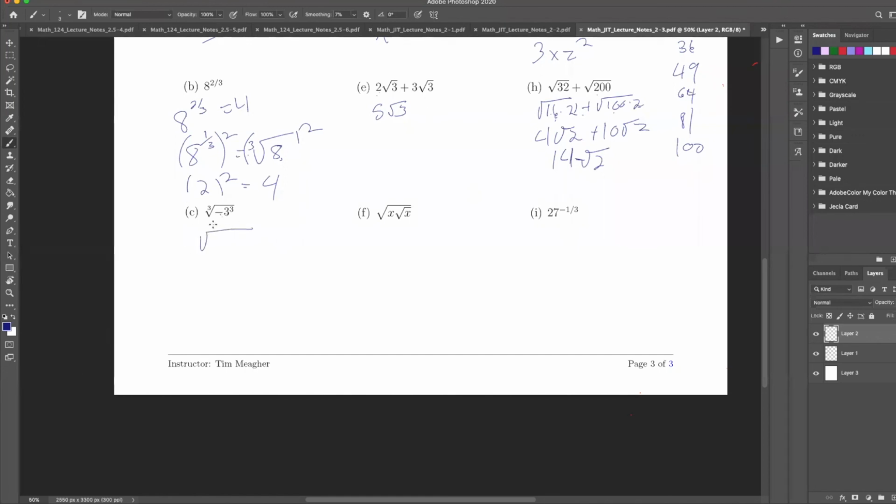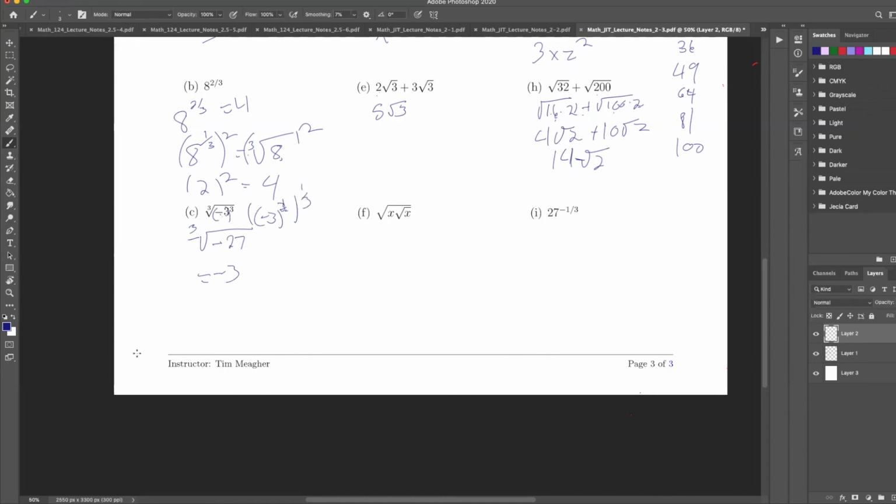So here, what I'm going to do is it's still going to be negative. Notice I'm not cubing the negative. I'm only cubing 3. So that's 27. And then I take the cubic root. The cubic root of negative 27 is minus 3. And so what we see here is that if I put parentheses in here, we could have just canceled this straight away, because I would have minus 3 to the third raised to the 1/3 power.